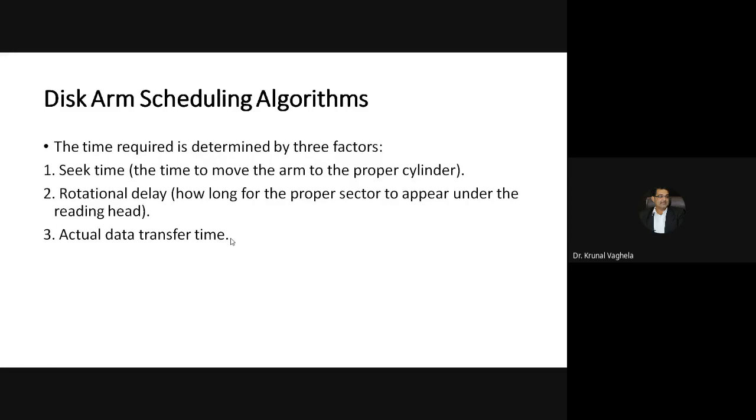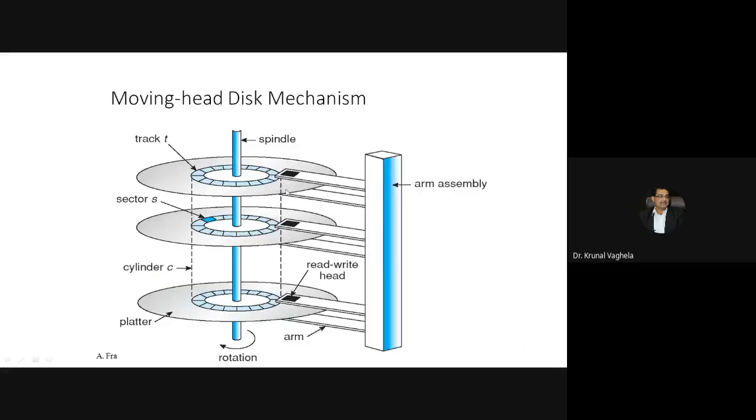These are the three parameters needed for data transfer, but the major time goes in seek time. Seek time is the major factor, so our goal is to have minimum movement of the arm.